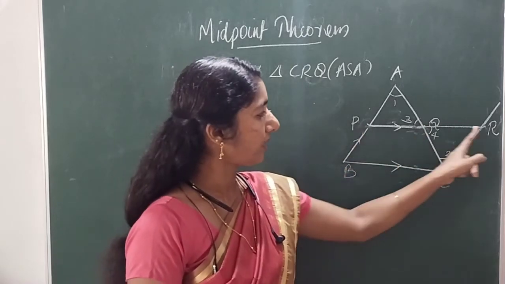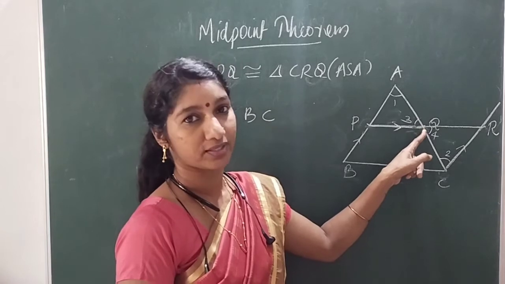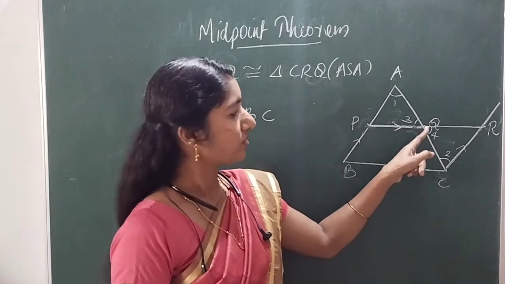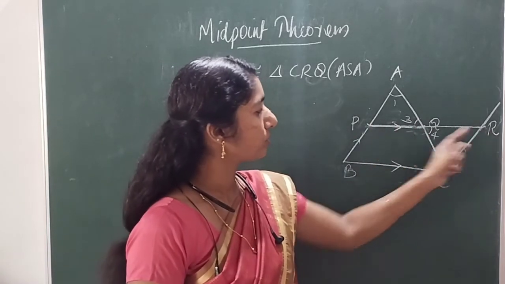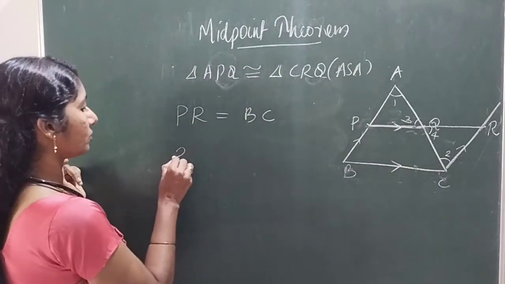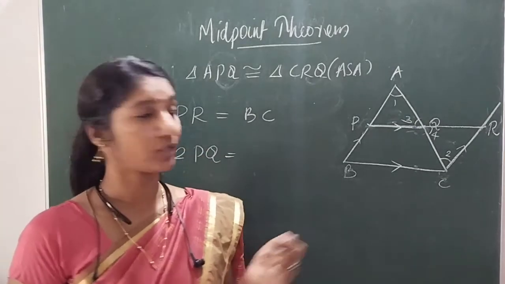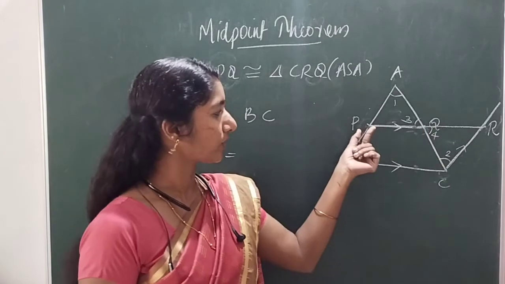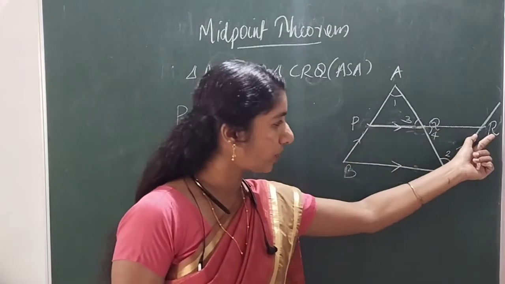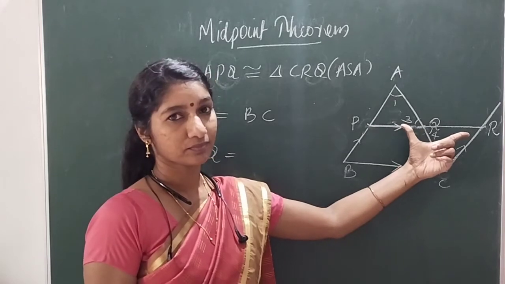So on the line PR, PQ and RQ being equal means Q is the midpoint. Isn't it? So we can write PR is equal to 2 times PQ. How did we write 2 times PQ? Q is the midpoint, or you can write PQ equal to QR. So 2 times PQ is equal to PR.